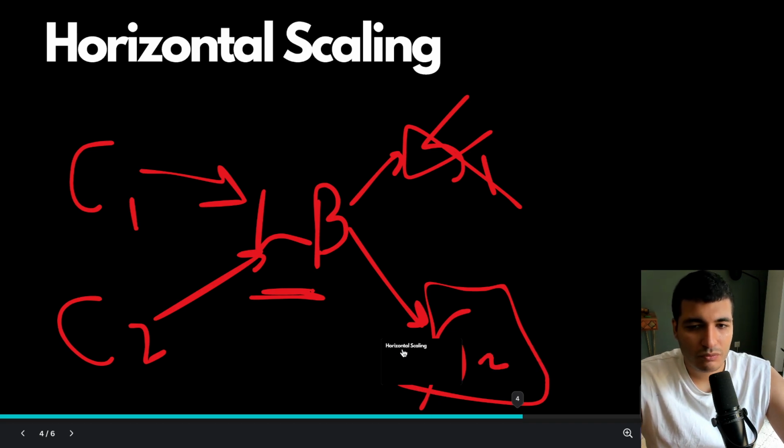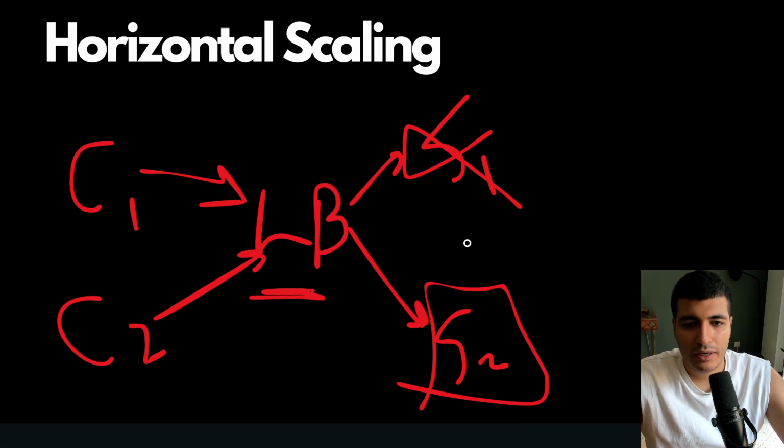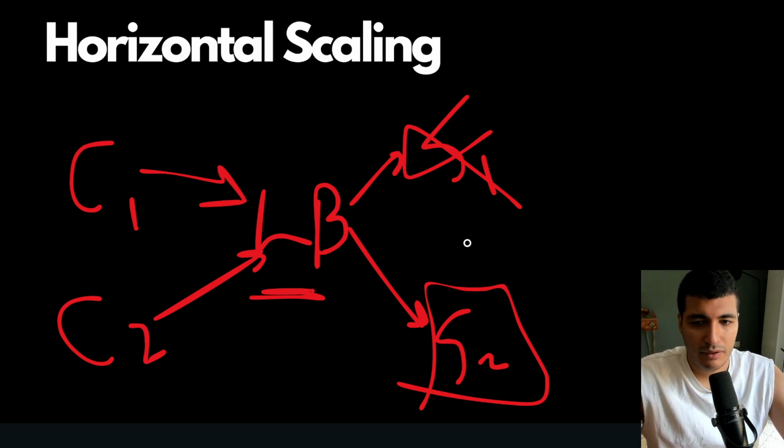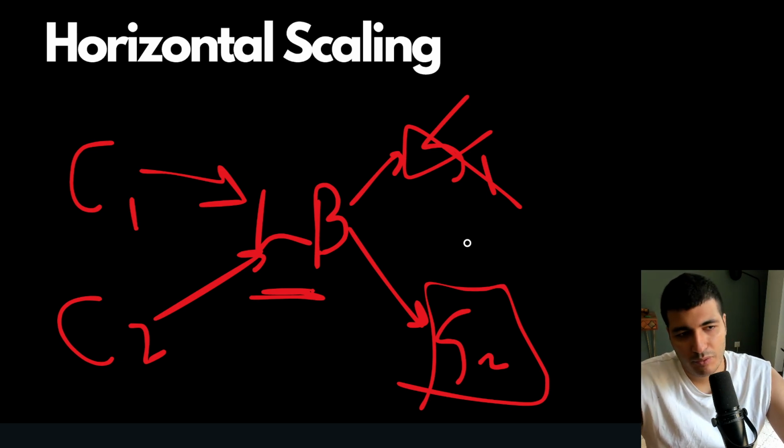Also, you have no downtime for scaling. You can add or remove servers from your pool without interrupting the service at all. Also, it's cost-effective. You can often use cheaper hardware, which will not be as expensive as vertical scaling.